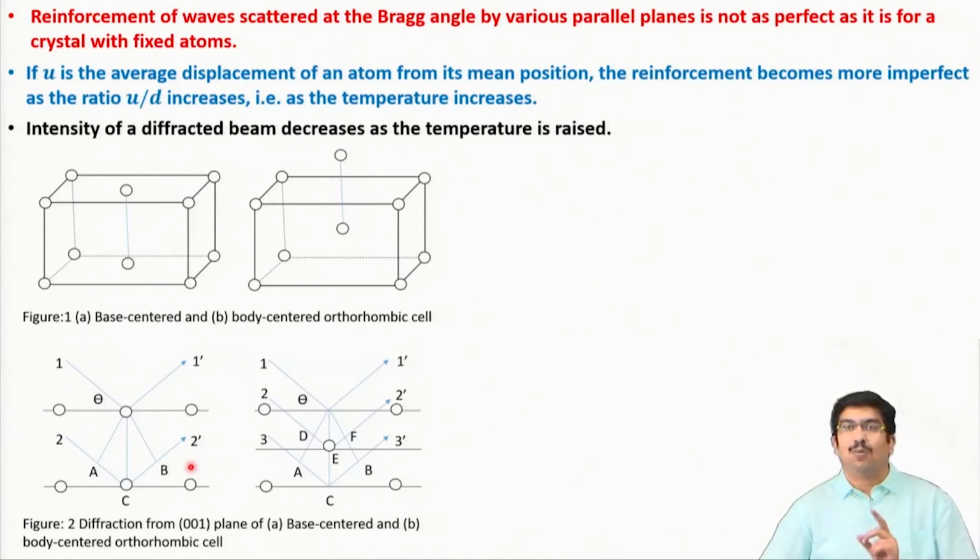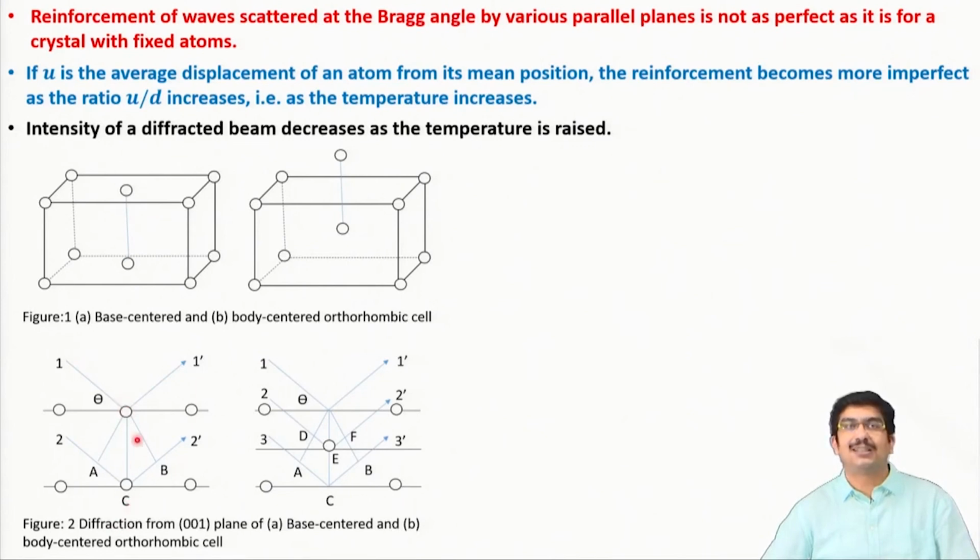Now, what effect will this have? For constructive interference, the path difference has to be an integral multiple of the wavelength. But because of this thermal movement, because all of these atoms now have a little movement in their atomic position, this distance will also be changing.